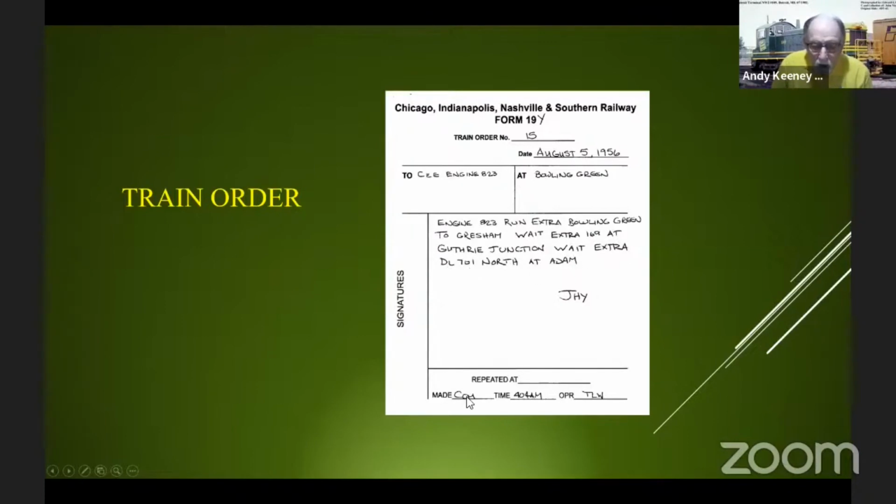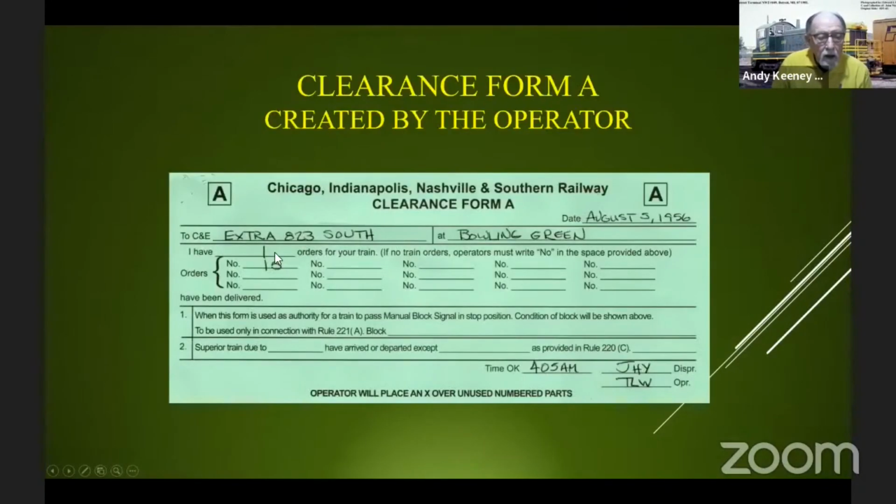And then it's made complete at this time after this is read back to the dispatcher. And again, extra 823 south at Bowling Green, have one order, number 15, and then the okay time.